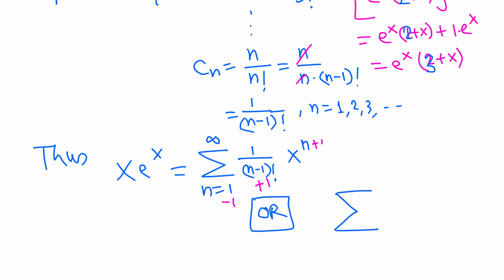Not necessary, but a lot of times we want to start from 0. That gives 1 over (n minus 1 plus 1), which is n factorial, times x^(n plus 1). This is fine, and this is also fine. Final.